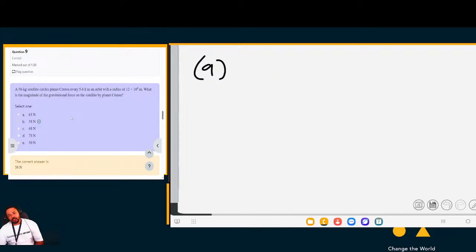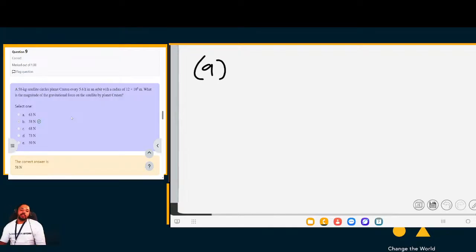Question number 9, if you have read it, deals with gravitation. Now they have a problem. A 50 kilogram satellite circles planet Crouton every 5.6 hours in an orbit with a radius of 12 million meters.